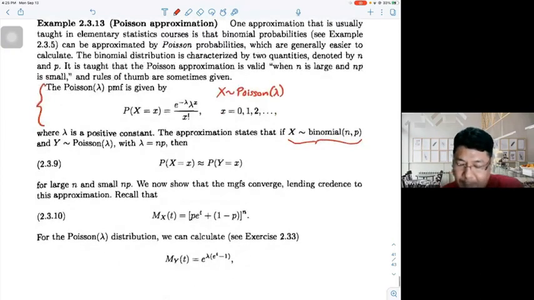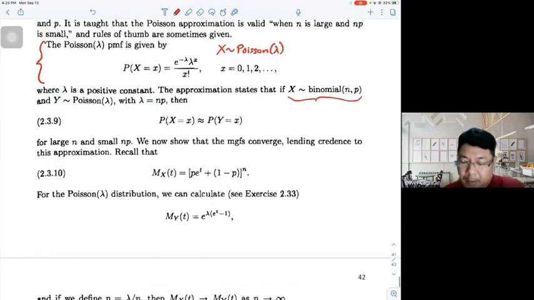Okay, so we shall now show that the MGFs converge. If the MGFs converge, then after that, we can invoke our theorem that the CDFs also converge. This is what we computed a while ago, the moment generating function of our random variable X having a binomial distribution.